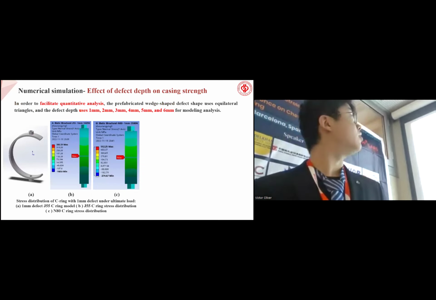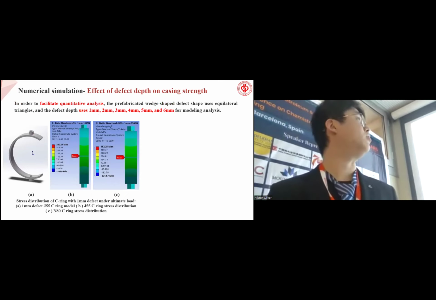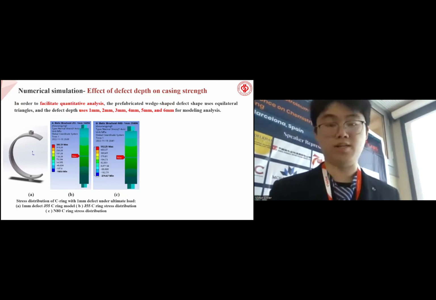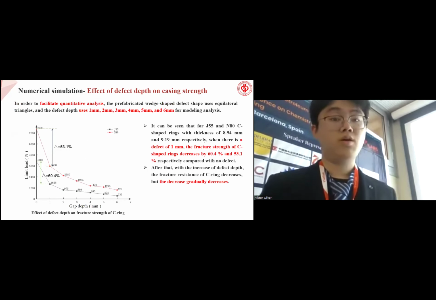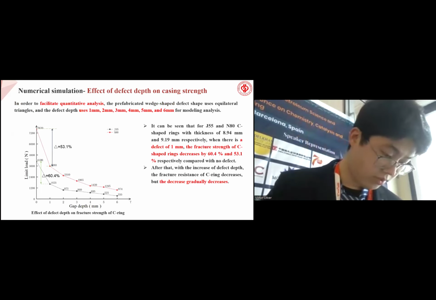So we use the models with different depths of 1 millimeter, 2 millimeter, 3 millimeter up to 6 millimeter for the model analysis.